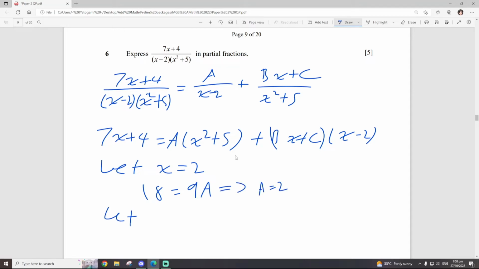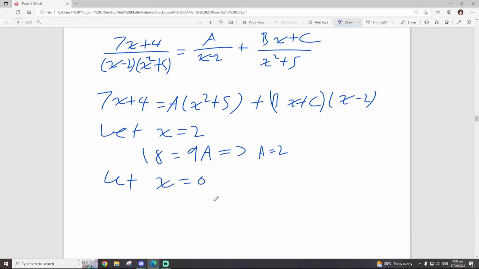To find c, we can let x be 0, and then we will get 4 equals 10 plus, or minus 2c rather. 10 minus 2c, which implies that c is 3. Finally, let x be anything else so that we can find b. I'll just choose a nice value like 1.